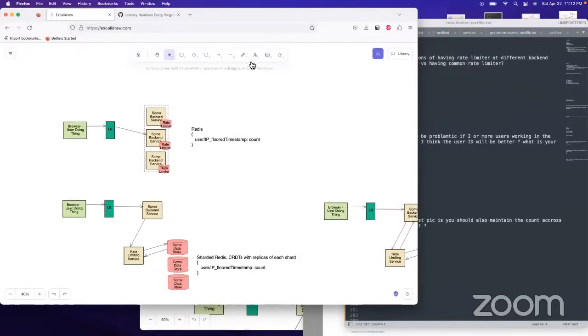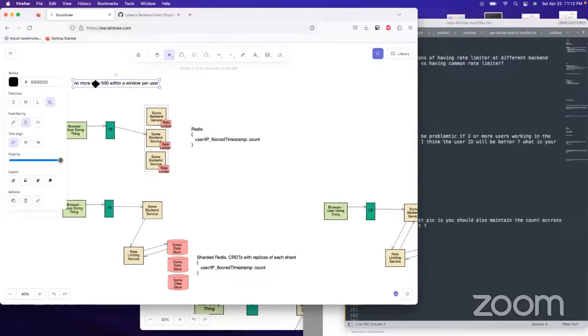So let's say you want it to average out to no more than 500 within a window per user. And then we'll say that we have 5 instances over here. Actually, we're going to say 300.